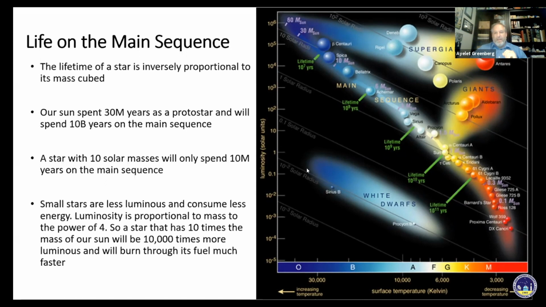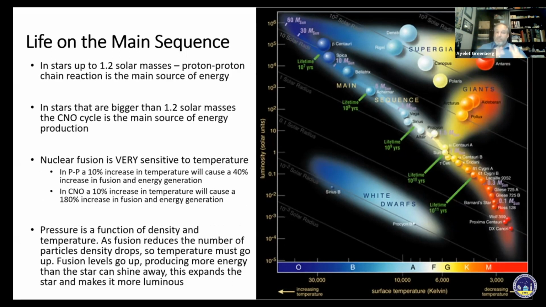And the other thing that we're going to need to understand before we go further is that there are a few nuances that are important to understand about this process of nuclear fusion inside the stars. So with stars that are up to the size of our sun, or maybe a little bigger, about 1.2 solar masses, the key process for creating nuclear fusion is the proton-proton chain reaction, directly fusing protons into deuterium and helium-3, and then finally helium-4.